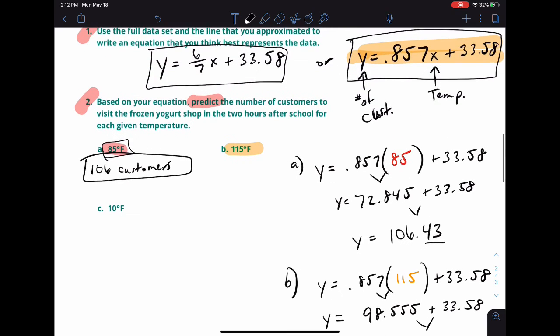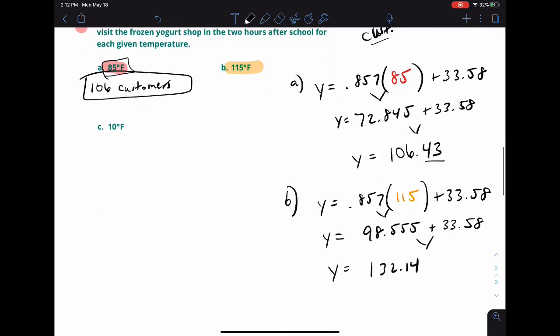Again, Y is customers, so you can't have 0.14 of a customer. So we don't have enough for 133, I should say. So we're going to say 132 customers for that one.